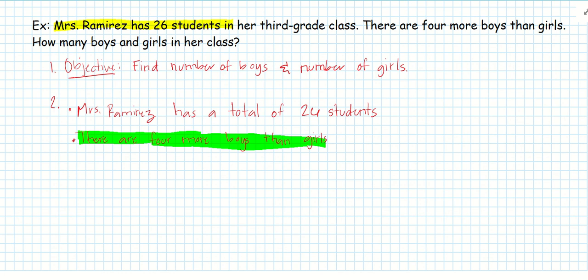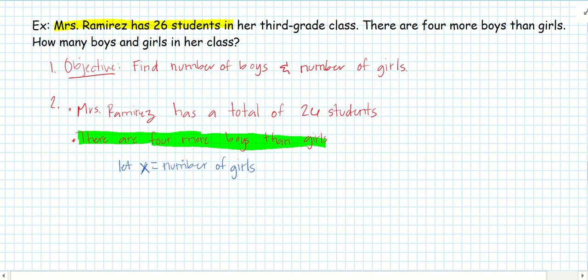So let's go ahead and let x equal the number of girls. Right? We don't know how many girls there are, so we're going to assign the variable x for the number of girls.